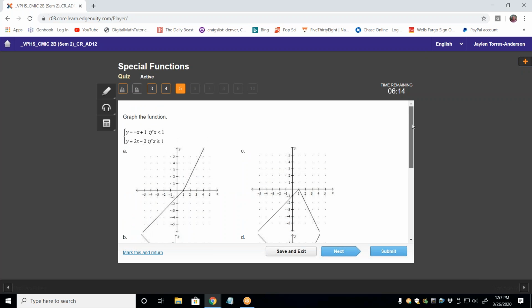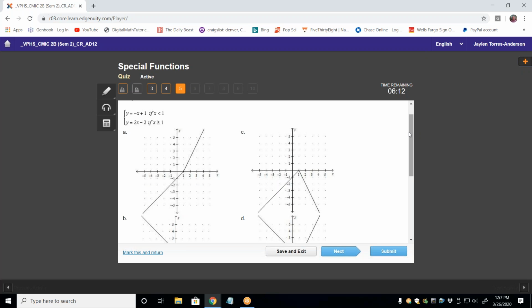Yeah. Okay. Again, we have a piecewise function. What's the vertical line that separates the two domains? There is a vertical line at some number that separates these two domains.